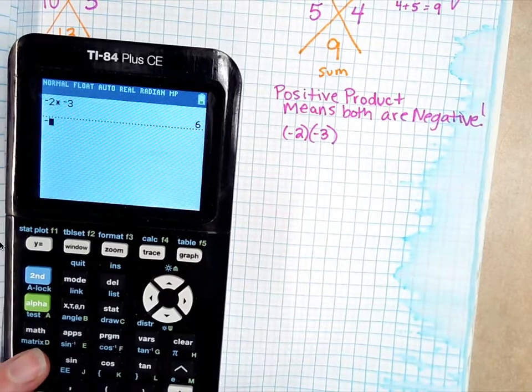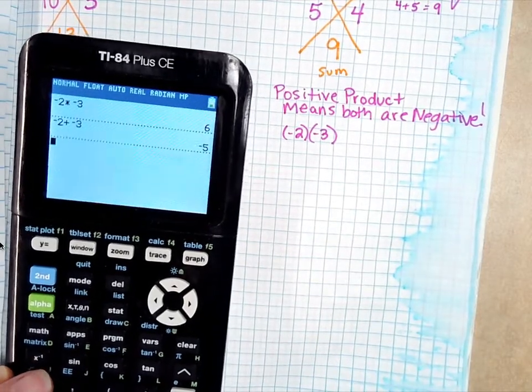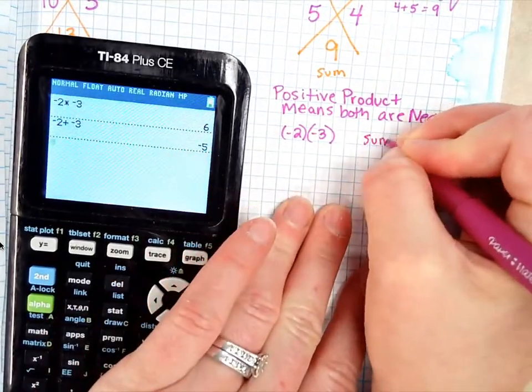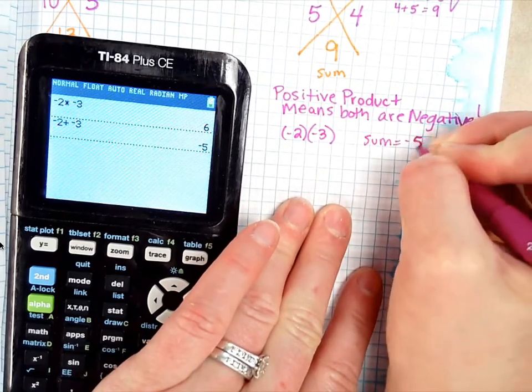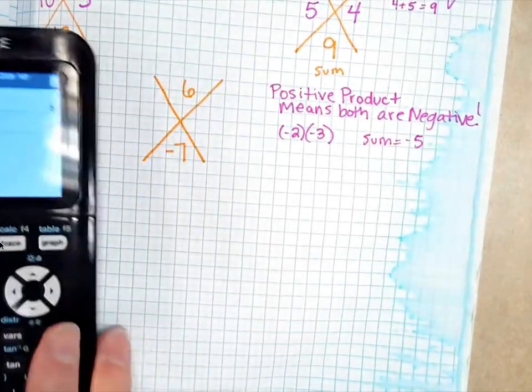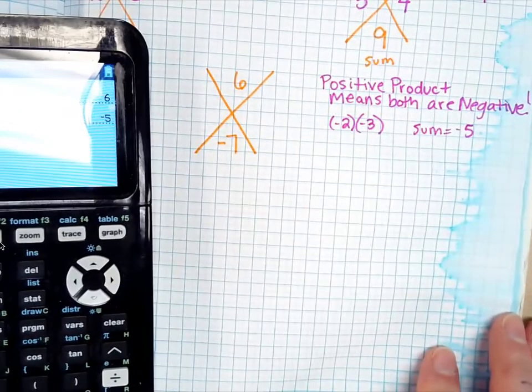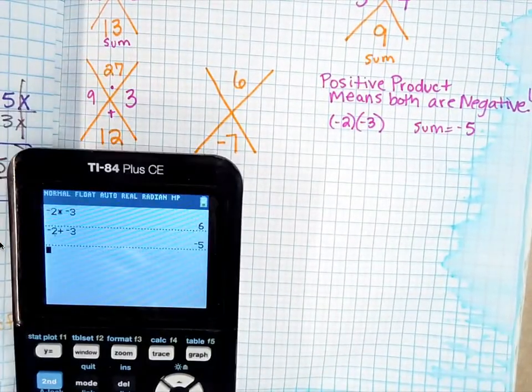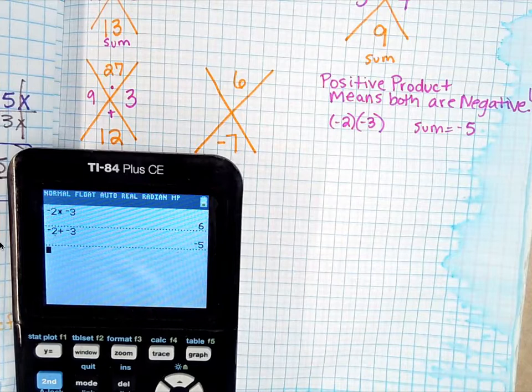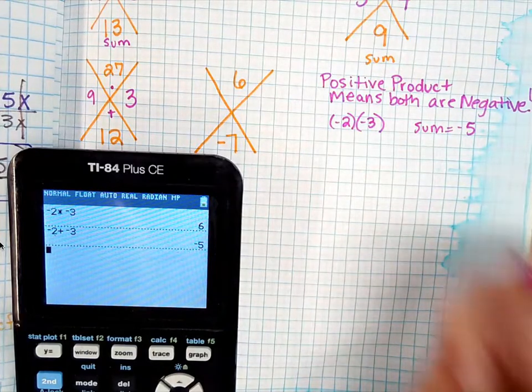But then I do negative 2 plus a negative 3. The sum is negative 5. So that's not it. So what would be another product of 2 numbers that gets 6 but a negative 7?